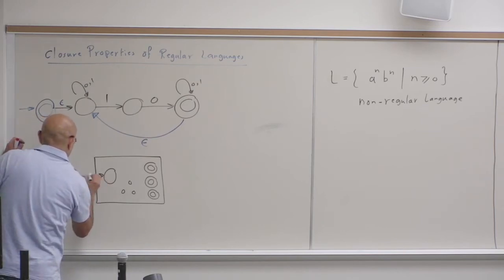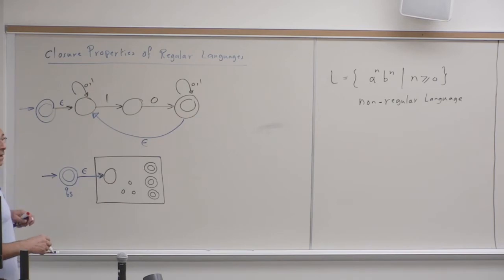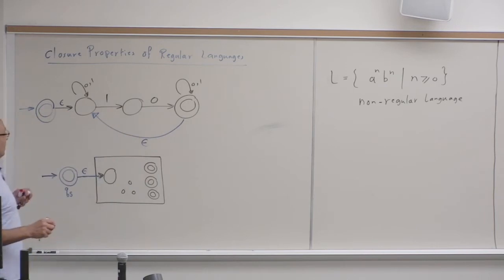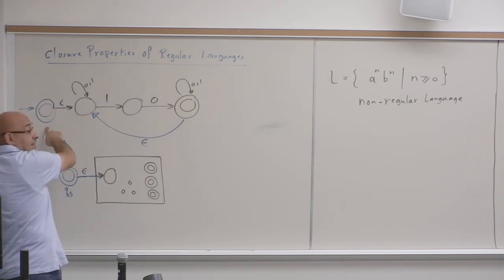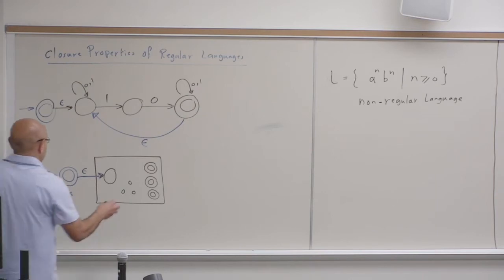And then I'm going to make an epsilon transition to this state. And then what should I do? I need an epsilon loop back that takes me back to the start state, the original start state, not the start state that I added. The original start state. And I need to do it for every accept state. So I need this.